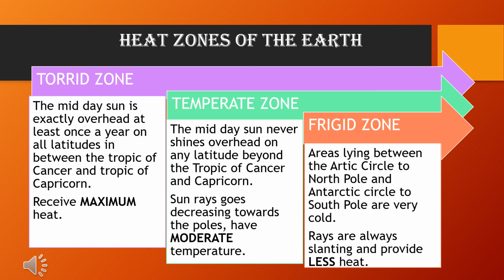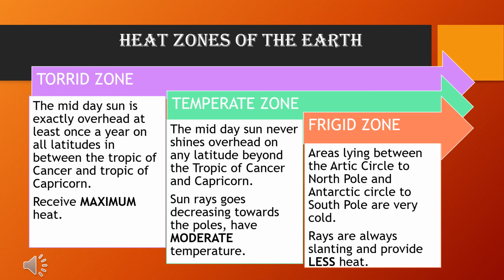As such, the areas bounded by the Tropic of Cancer and the Arctic Circle in the Northern Hemisphere, and the Tropic of Capricorn and the Antarctic Circle in the Southern Hemisphere, have moderate temperature. These are called the temperate zone.